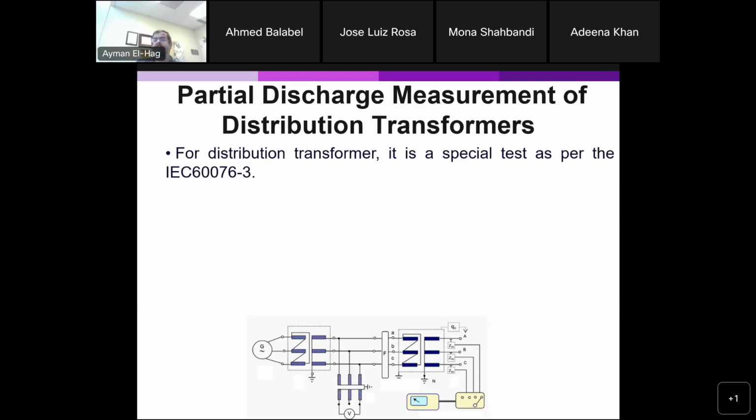Now, for power transformers and even dry type transformers, this could be a routine test. Now, what is the criteria, or how is the test done? If you remember, we have two different types of testing of a transformer.